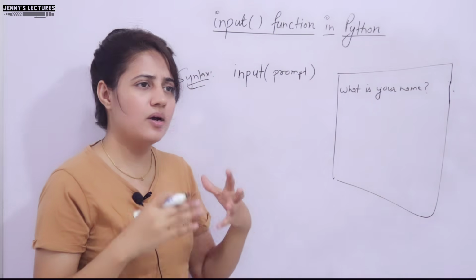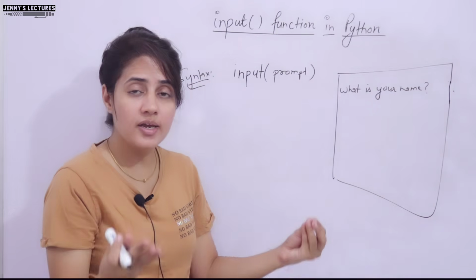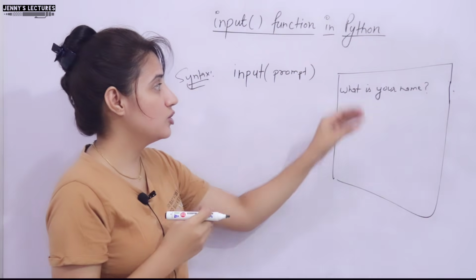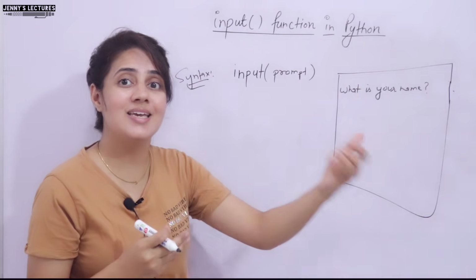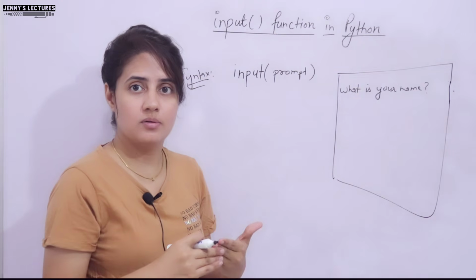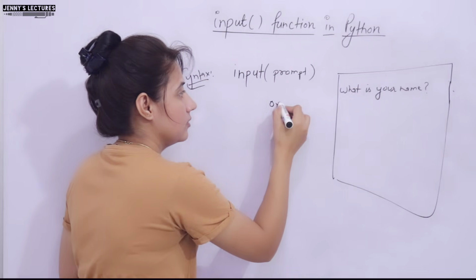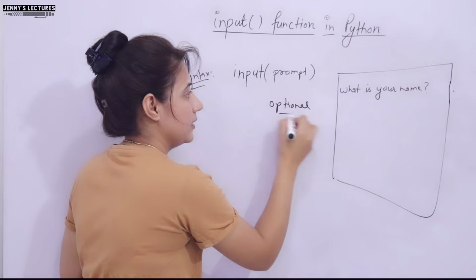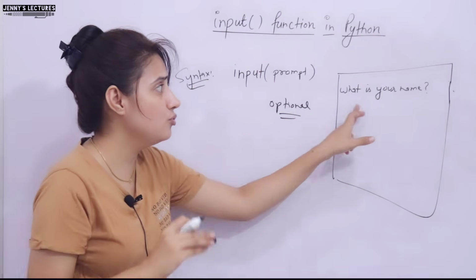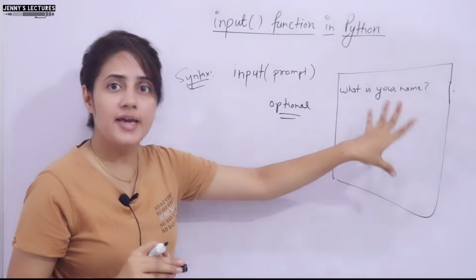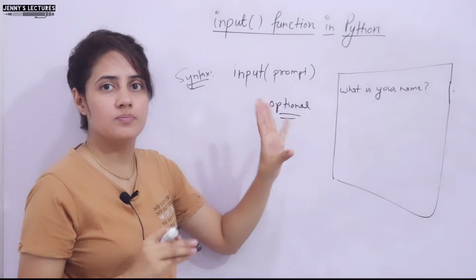Prompt is a message, or you can say a string, which will be displayed on the screen before taking input from the user. And the prompt is optional. One point to note here is that this prompt is optional. If you don't write anything here, it will still run.